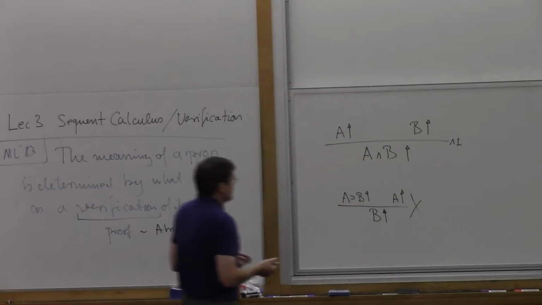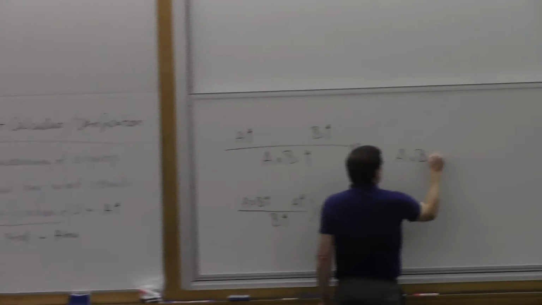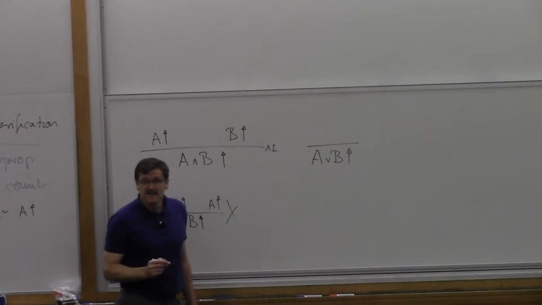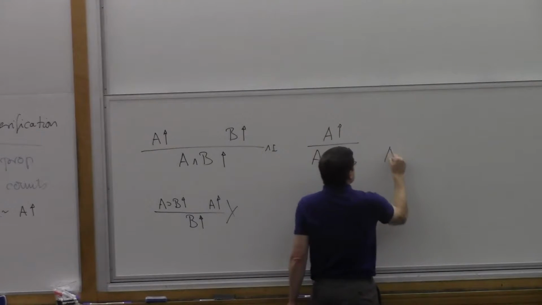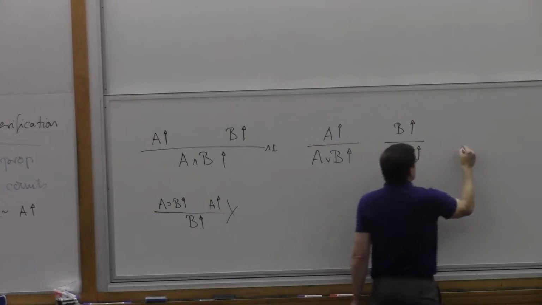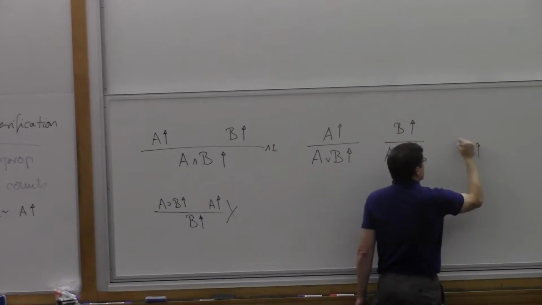So for example, what is a verification of A or B? A verification of A, and there's another way to do it, a verification of B. What's the verification of truth? No premise.